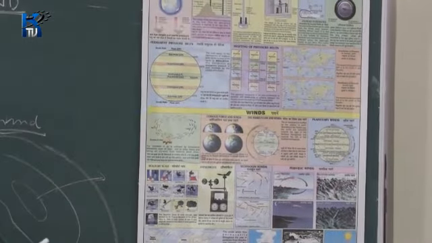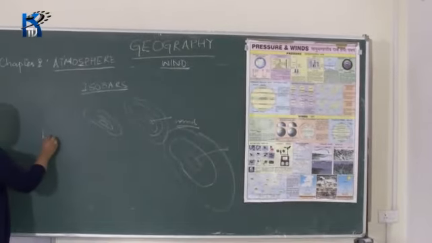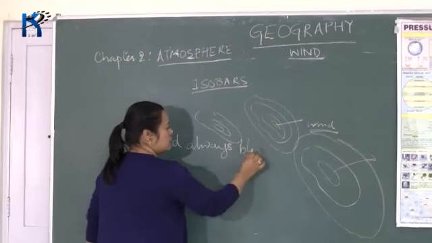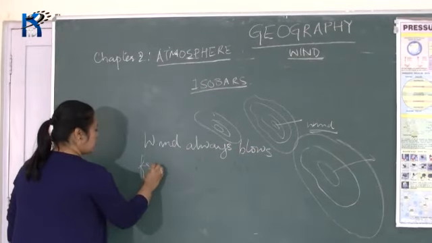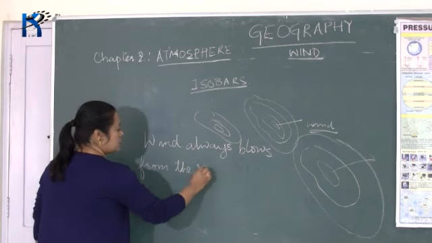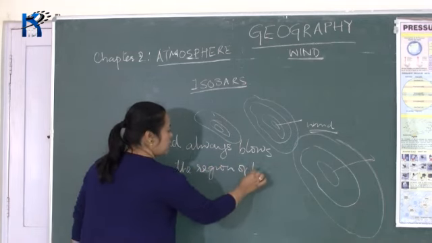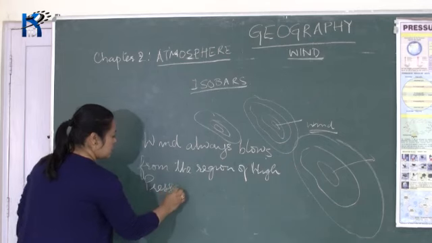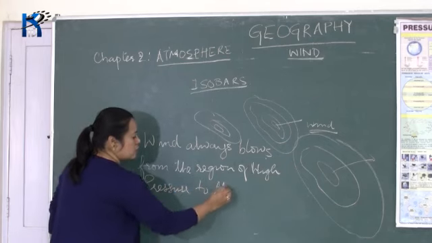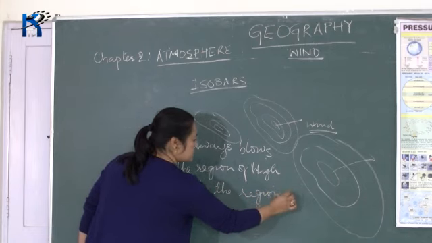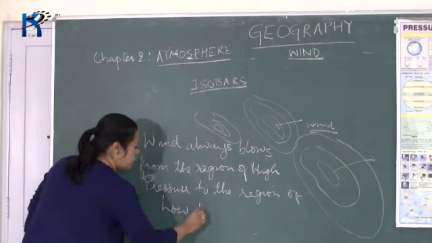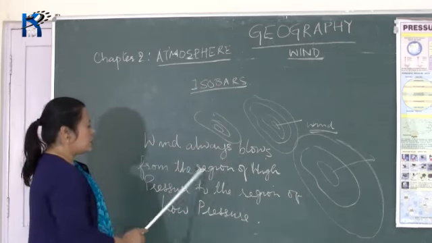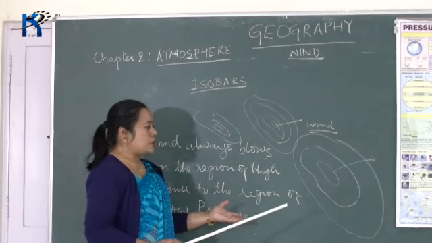So wind always blows from the region of high pressure to the region of low pressure.